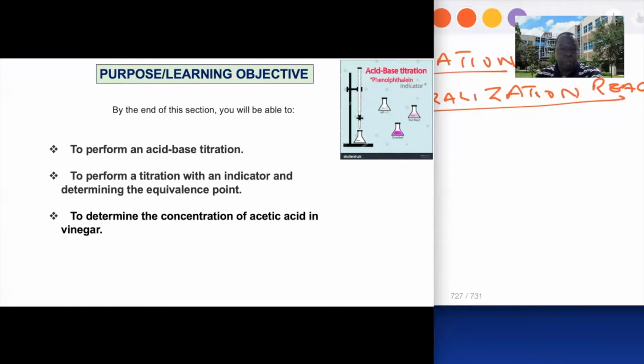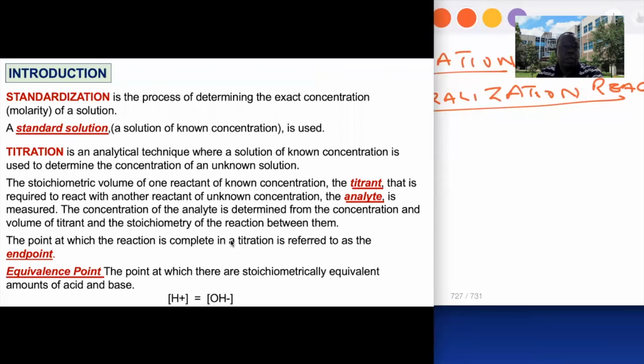Read more on the background, read more on the concept of titration, especially knowing what standardization is. Standardization is a process of determining the exact concentration. This is what you will be doing in section 4.3.